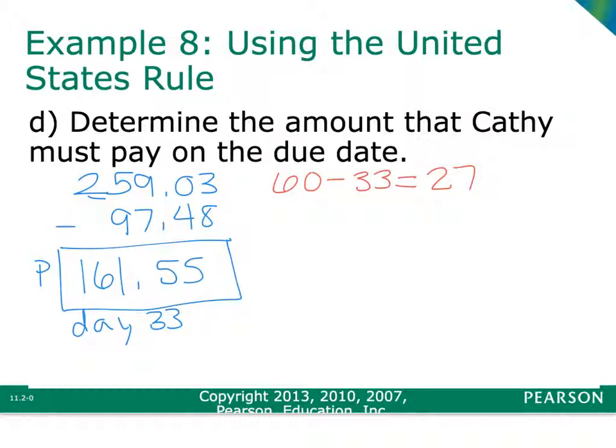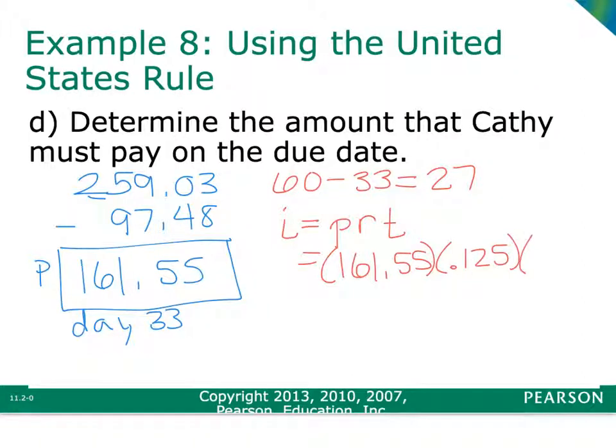So we need to calculate the interest for those 27 days. So we're going to do our I equals PRT. Our principal is now down to $161.55. Our interest rate is still 12.5%, and we are now down to 27 out of 360 days in a year. And we'll put that into the calculator.